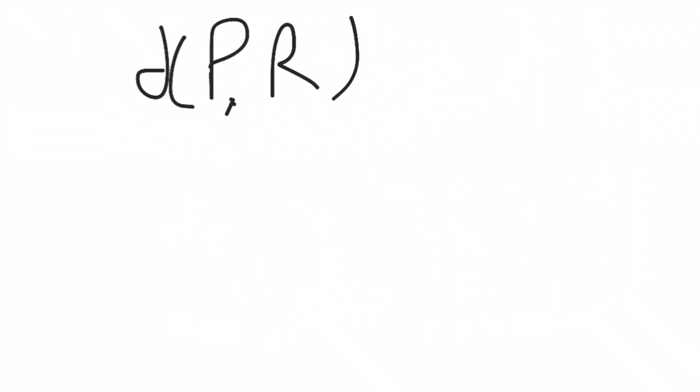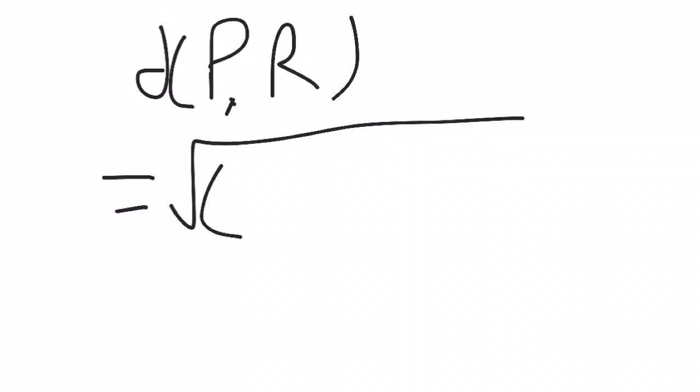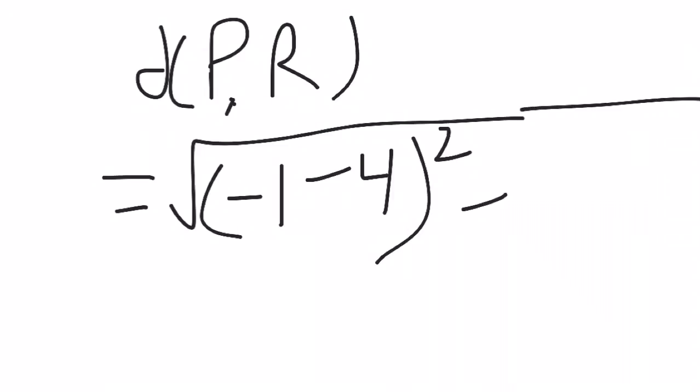Now we have to figure out the distance from P to R. So since we have P as the first point, let's go ahead and just start with that. So negative 1 minus 4, subtracting the x coordinates and then squaring it. Now we're going to subtract the y coordinates.